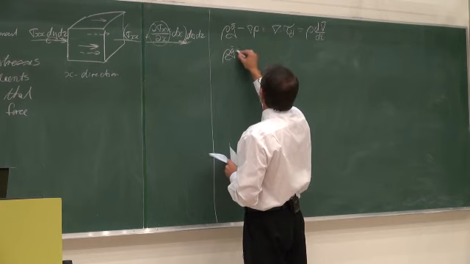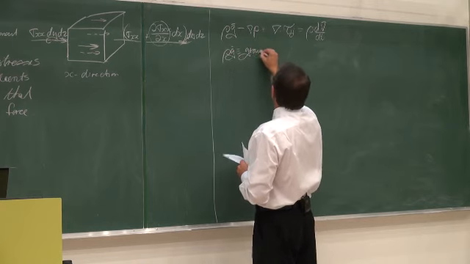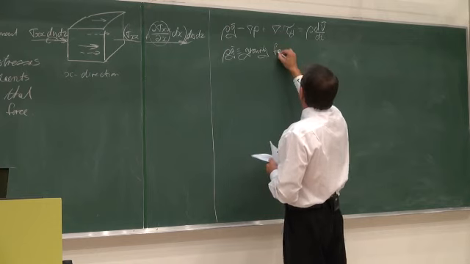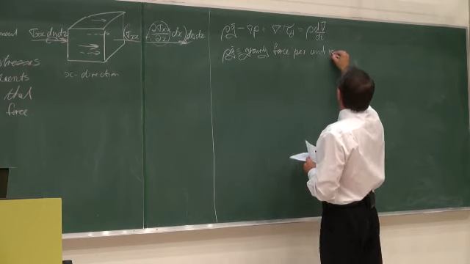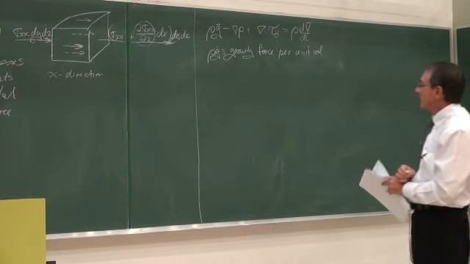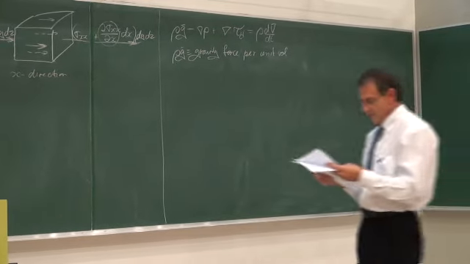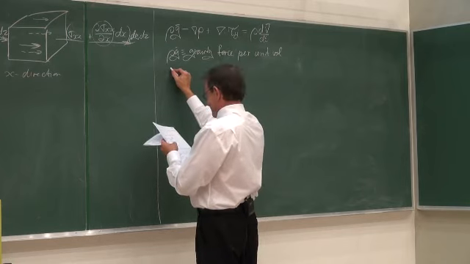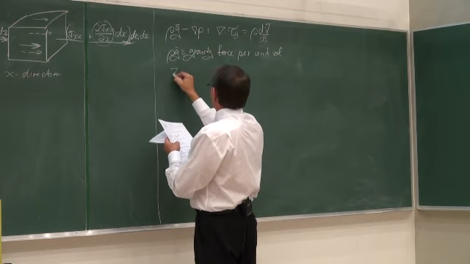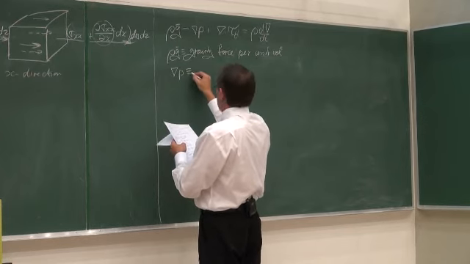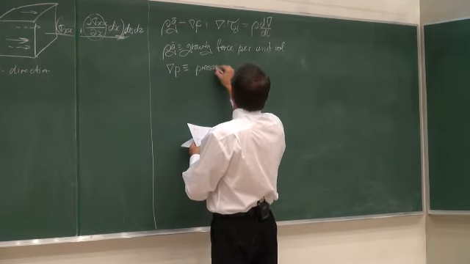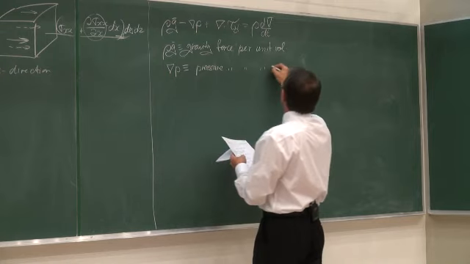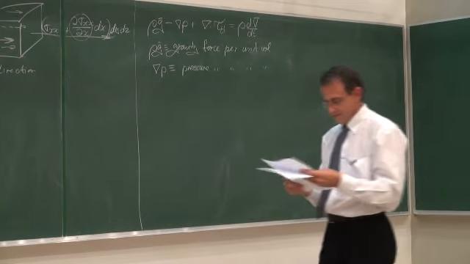Rho g is the gravity force per unit volume. The grad of P is the pressure force per unit volume.